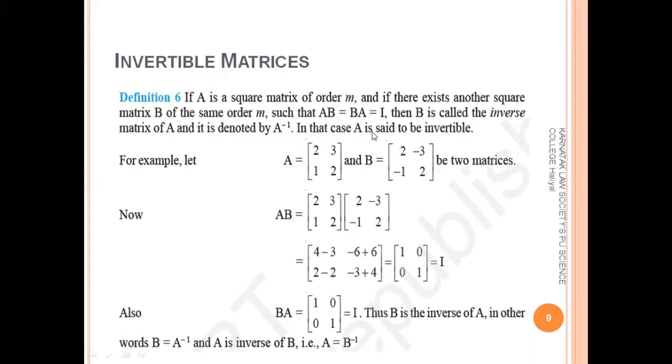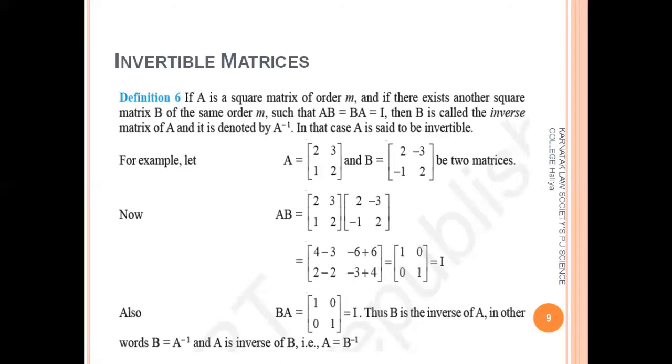Here they have given one example: A = [2 3; 1 2] and B = [2 -3; -1 2]. These are the two matrices, and we need to multiply them. Before multiplying, the number of columns in A should equal the number of rows in B. Here both have 2 rows and 2 columns, so multiplication is possible.